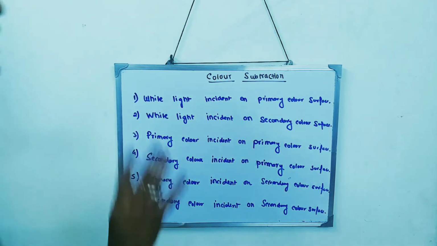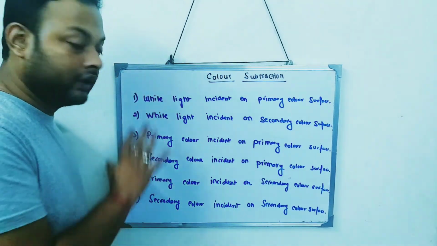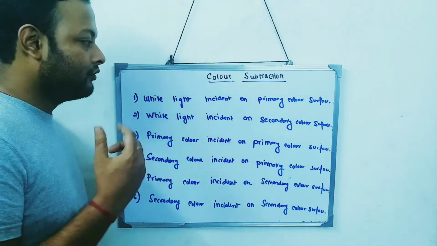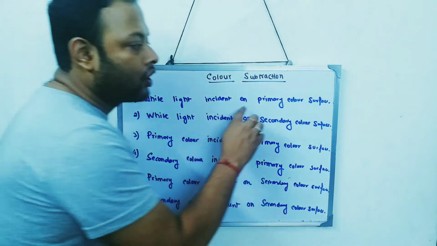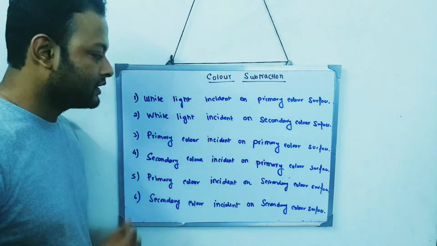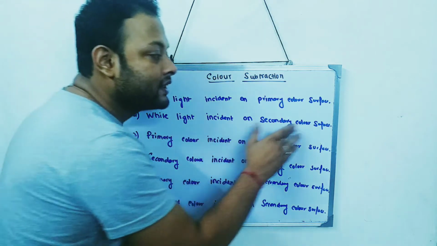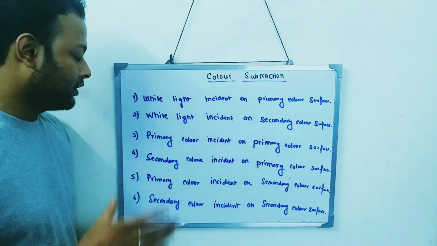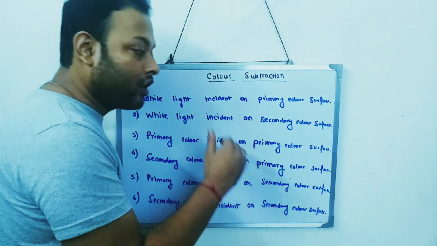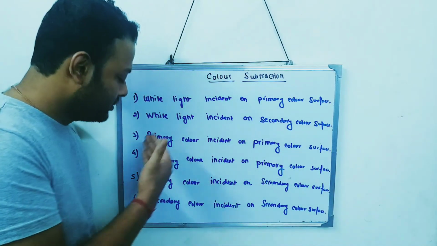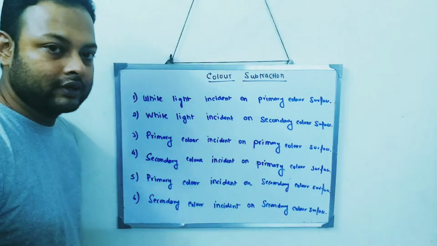To understand color subtraction, we have to go through these 6 processes. The first process: white light is incident on a primary color surface. Second, white light is incident on a secondary color surface. Third, primary colors are incident on a primary color surface. Fourth, secondary colors are incident on a primary color surface.